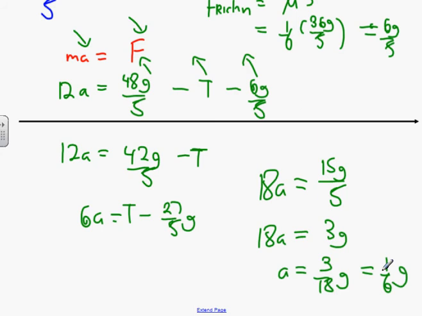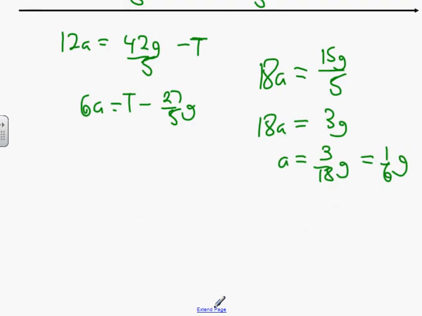So does it want me to find the tension as well, or just the acceleration? Tension as well. Brilliant. Okay. So pick one of the formulas to work with. I'll just pick the one that's closest to me because I'm lazy like that. T equals 6a, bring over 27 over 5g.